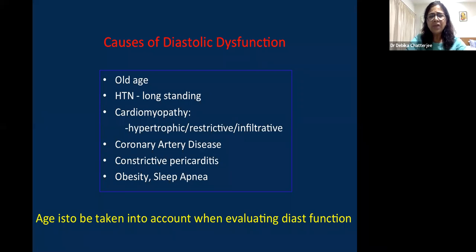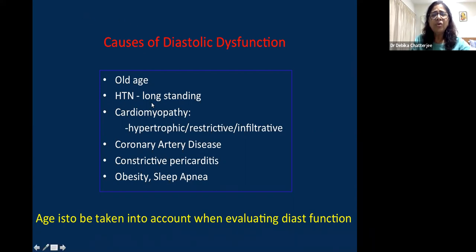And that gives rise to the diastolic dysfunction in an aged patient. So diastolic dysfunction due to impaired relaxation is a normal finding in an aged patient, in a 60 years old. But if that same finding we get in a patient of 35 years, it's abnormal. So age should be taken into consideration while evaluating diastolic function.